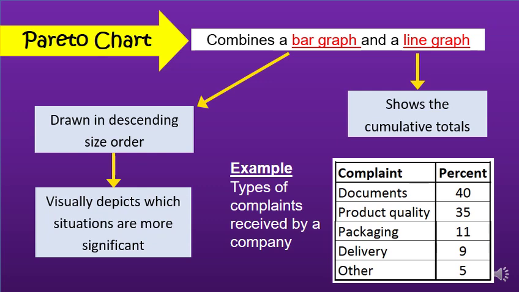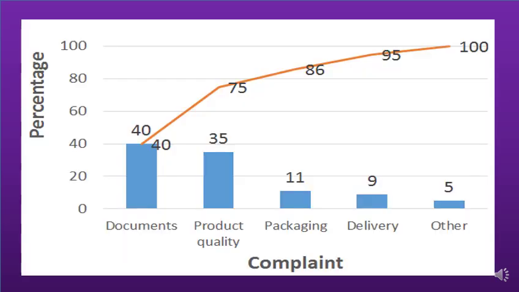So your final product, once you've drawn your Pareto chart, once drawn, your Pareto chart should look like this. So your x-axis, you've got all your complaints, and on your y-axis, you have your percentages. So our bars are easy to draw.